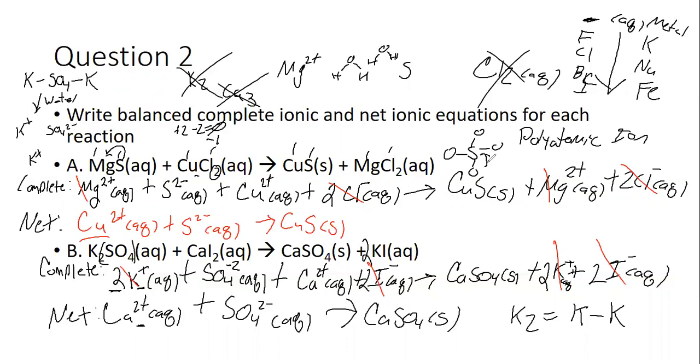The bonds between the sulfur and the oxygen are covalent, so they don't break apart. Covalent bonds never break apart in water. They're too strong. So SO4 is a molecule with 1 sulfur and 4 oxygens. If I put that in water, I'm not breaking covalent bonds, so it's still 1 sulfur and 4 oxygens.